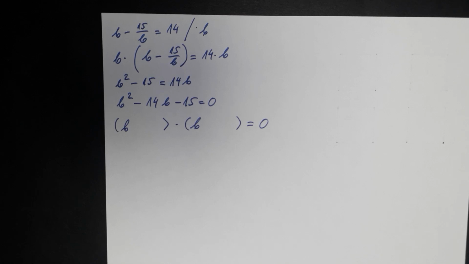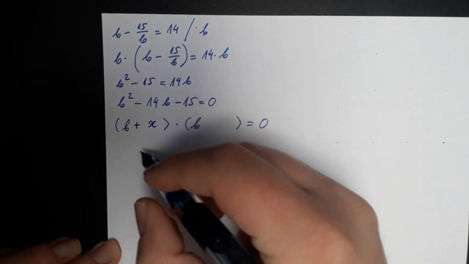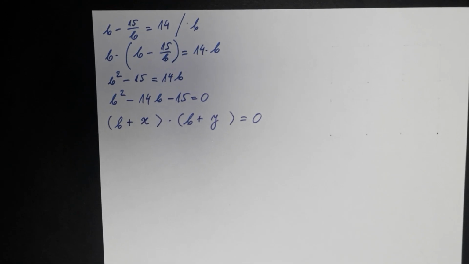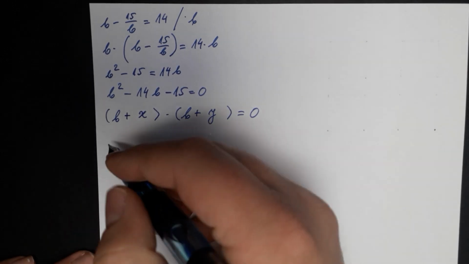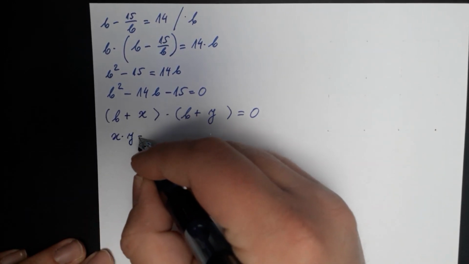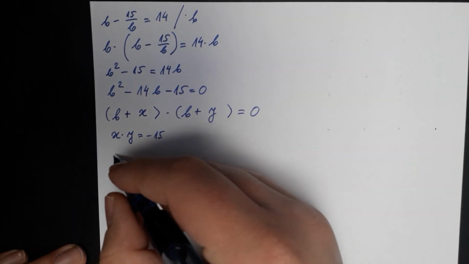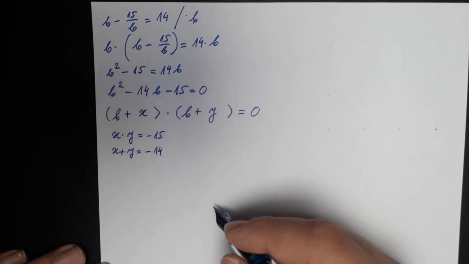Now we have to find these two numbers that sit alongside b in these two brackets. Let's call these two numbers x and y so that we get b plus x in the first bracket and b plus y in the second bracket. Then by multiplying these two numbers, x multiplied by y, we get negative 15. And if we add these two numbers, we get that x plus y is equal to negative 14.